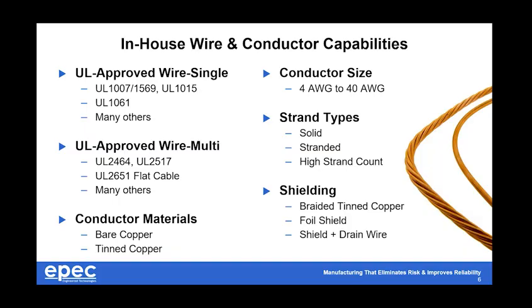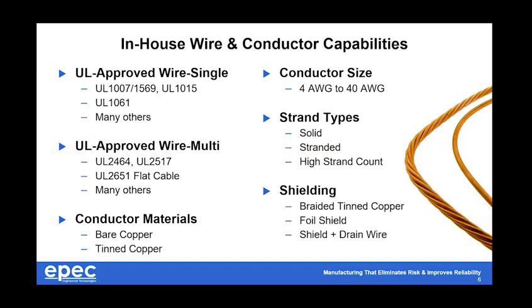By and large, these UL approved wires and cables that we can produce here at Epec cover the gamut of dozens and dozens of UL ratings, both for bare copper and tinned copper wire. Conductor sizes that we can support typically range from 4 AWG all the way to 40 AWG. This consists of solid, stranded, and even ultra high strand counts, as well as a variety of shielding technologies.